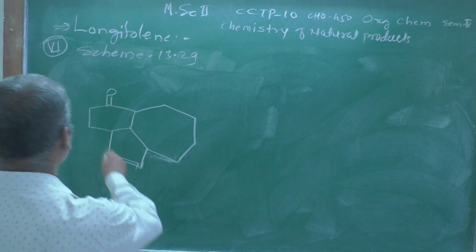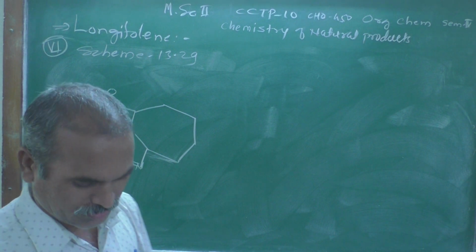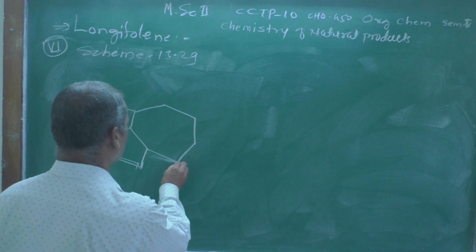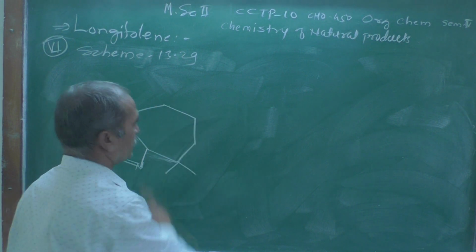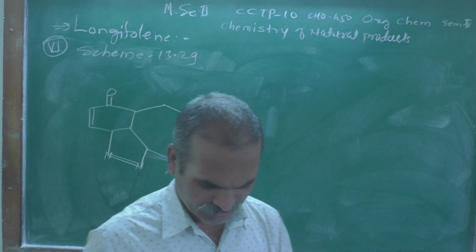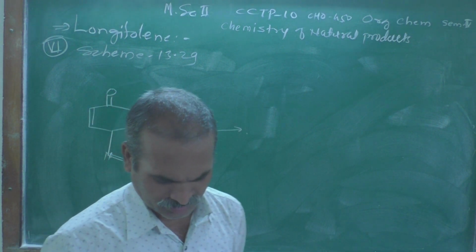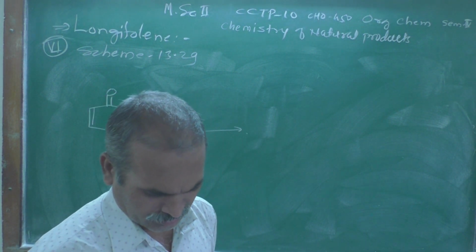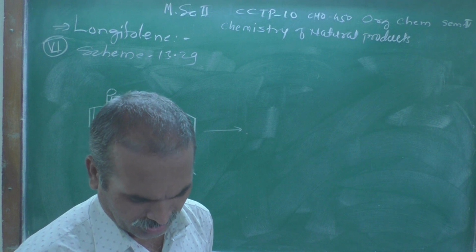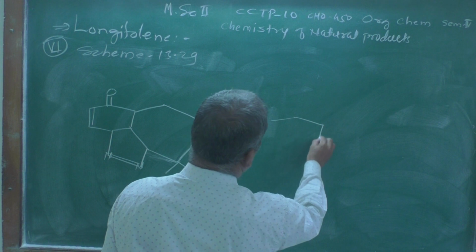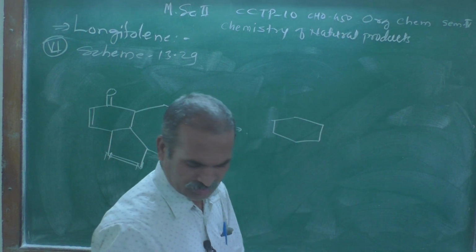Here there is an alpha, beta-unsaturated compound, and here there is a dimethyl group, and 1, 2, 3 are the methylene group. After that, this carbon skeleton can be converted in this way, as I am showing over here.